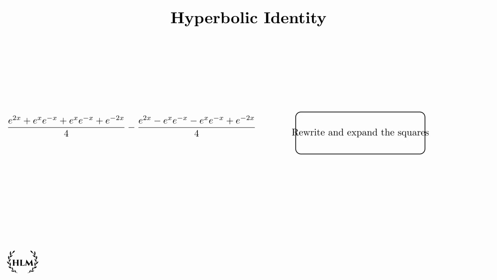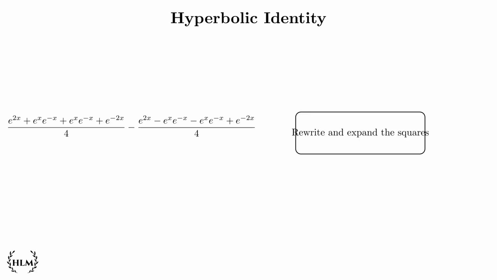And then we get plus e to the x times e to the negative x, plus e to the x times e to the negative x, and then finally plus e to the negative 2x, all over 2 squared, which is 4, minus, all in brackets, now this is for the hyperbolic sine, we get e to the x times e to the x, which is e to the 2x, and then minus e to the negative x times e to the x, minus e to the x times e to the negative x, and then finally plus e to the negative 2x by the power law again, all divided by 4.